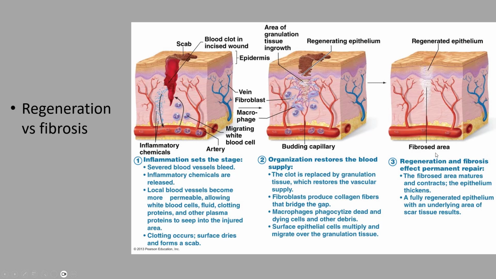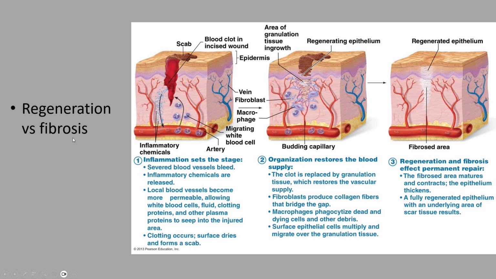And finally, the very last step, regeneration and fibrosis. So the difference in the two is regeneration: you are replacing damaged tissue with the same tissue. Fibrosis is you are replacing damaged tissue with more fibers than it had to begin with.